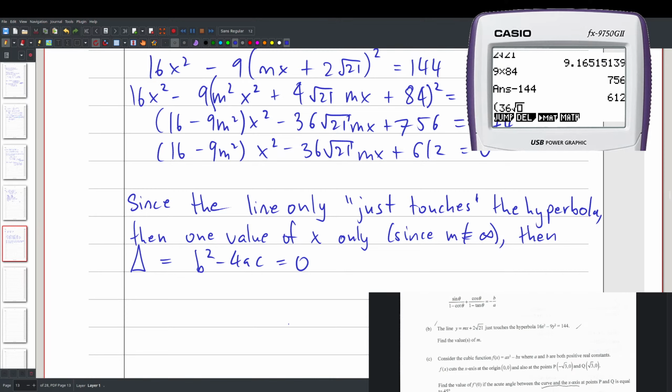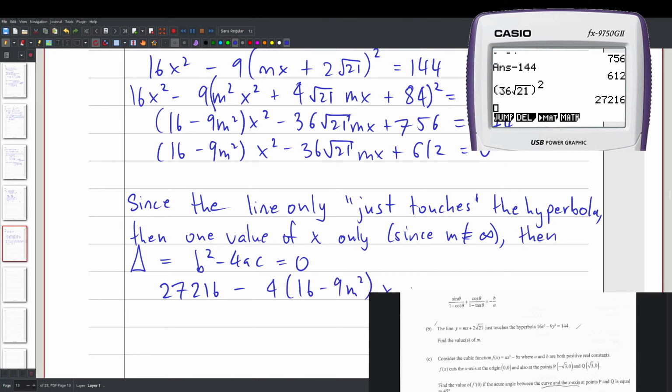So 36 root 21 squared, that's going to be horrible. 27216 minus 4 times 16 minus 9m squared times 612 equals 0. 4 times 9 times 612. 22032m squared. Oh wait, this is not even that bad, right? Because it just reduces very nicely. Minus 4 times 16 times 612 equals negative 1.